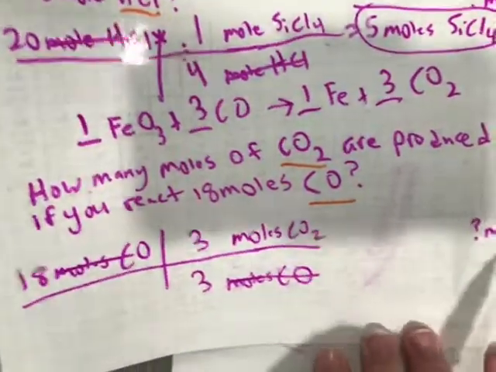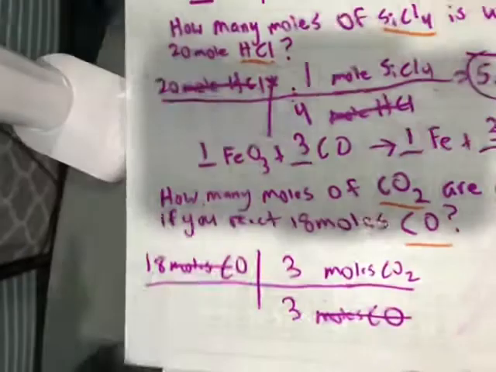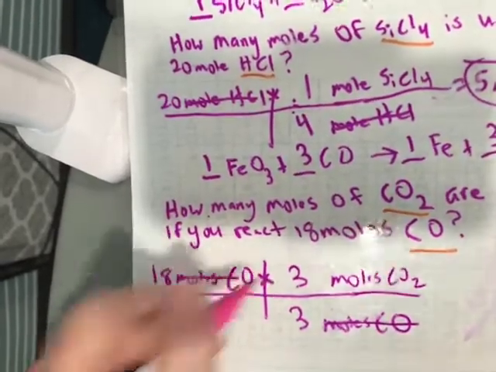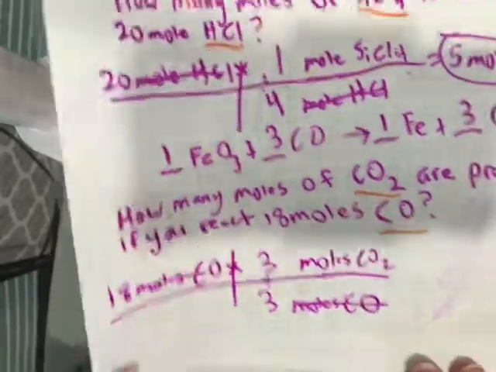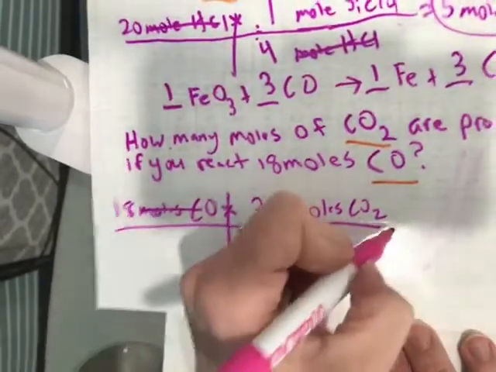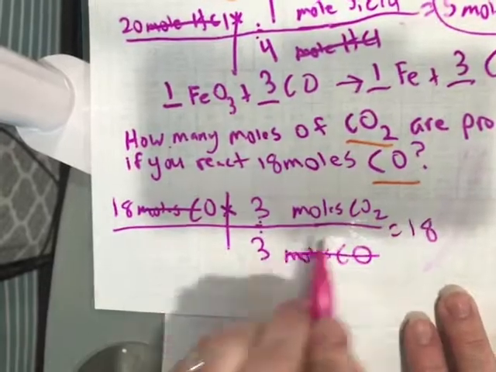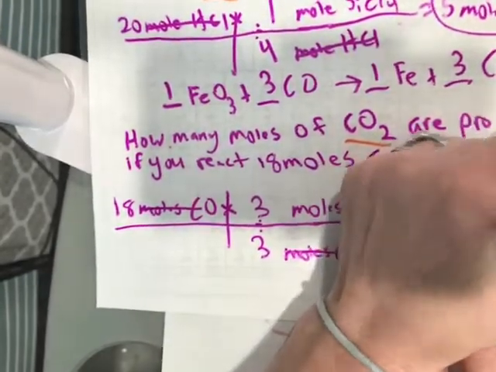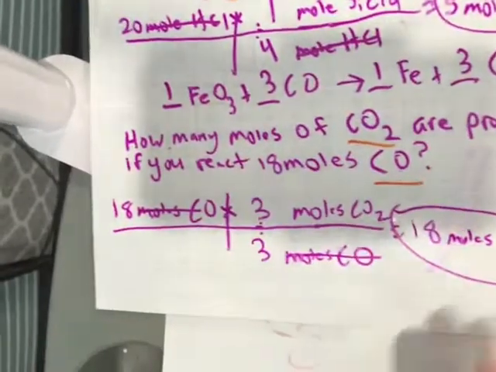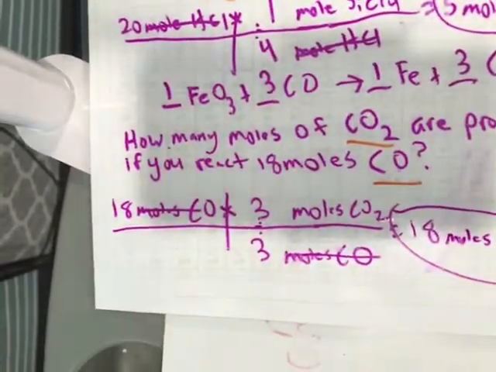I'm left with moles of CO2, and that's exactly what I want. I'm ready to solve. 18 times 3 divided by 3. Again, I don't need a calculator for this one. It's okay if you do, but that's just going to give me 18. And here's my units, whatever's not crossed out: moles CO2. That's how you do the mole-to-mole ratio. I hope that helps.